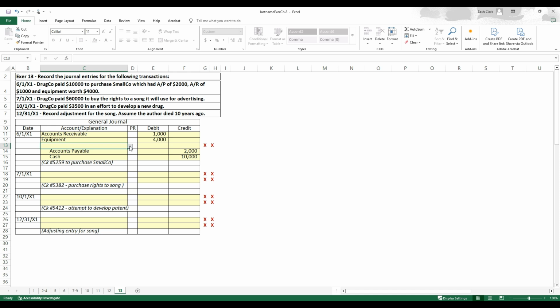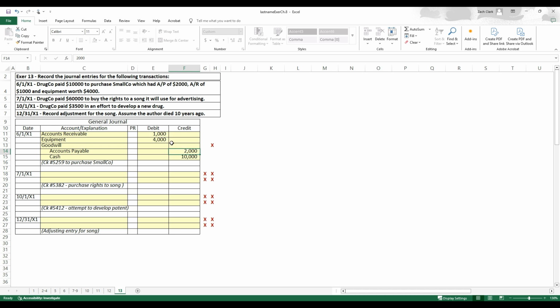We own it, etc. And then we're going to use this account called goodwill to represent the difference in the amount of cash we paid versus the value of the company's assets. So if we were looking at this thing just in its equity, it has assets of $5,000 and accounts payable of $2,000.